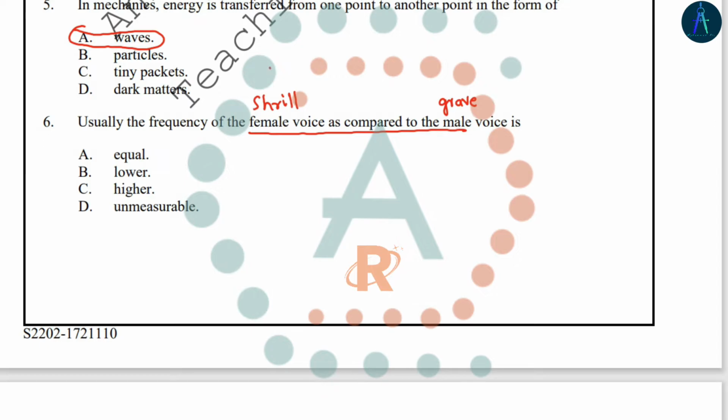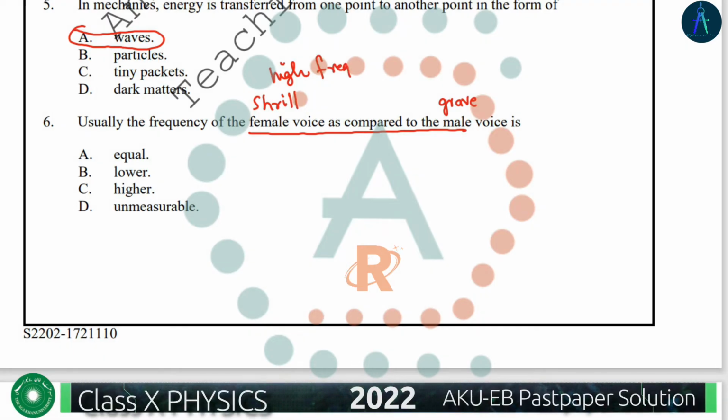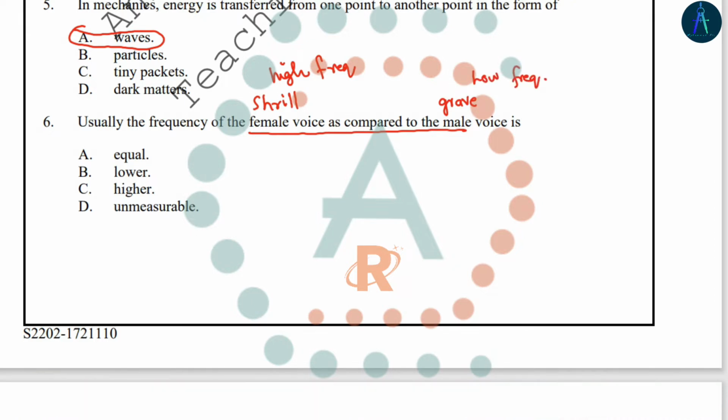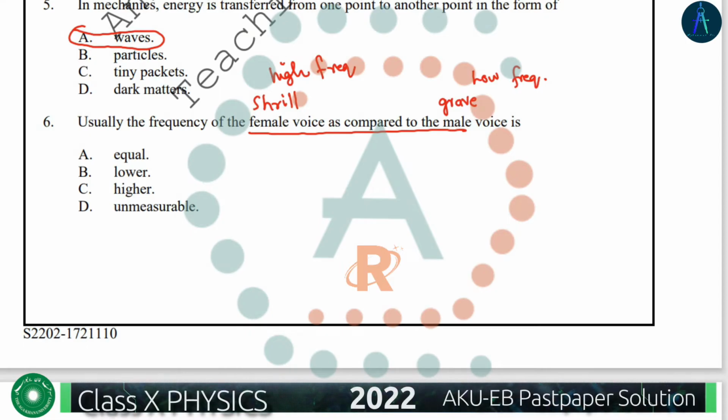Shrill sounds have high frequency value, while grave sound or the male voice is considered to be low frequency sound. So the frequency of female voice will be high as compared to that of male voice. So the correct answer would be option C, that is higher.